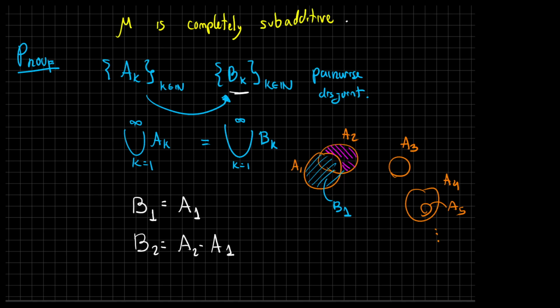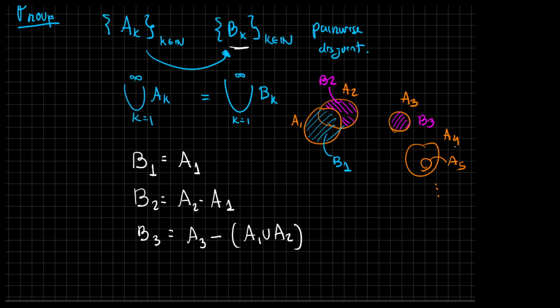So then we move on, this is B2, onto the next set, which will be A3, B3. In this case it's equal to A3, but in general we can say that this is A3 minus the union of A1 with A2. So just to guarantee that we are not getting any intersection with the other one, and so on.